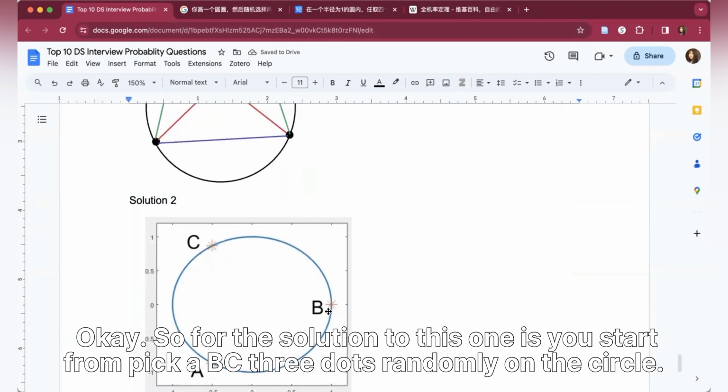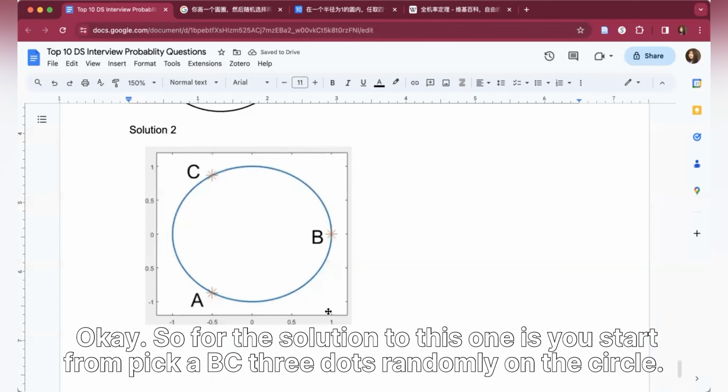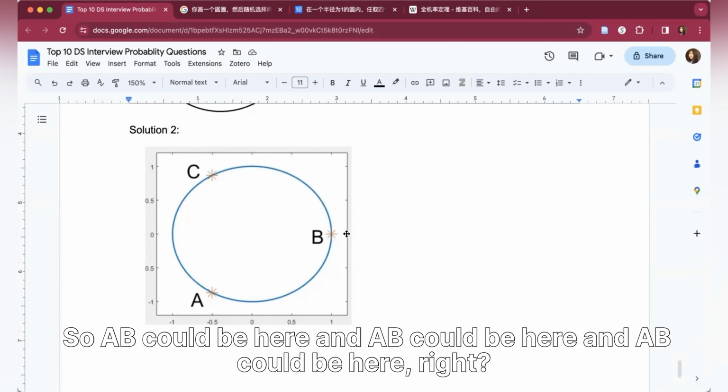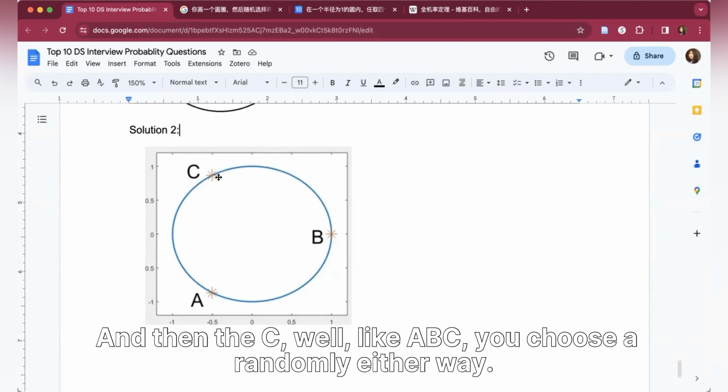Okay, so for solution 2, you start by picking A, B, C, 3 dots randomly on the circle. So A, B could be here, and AB could be here, and AB could be here, right? And then C, you choose it randomly, either way.